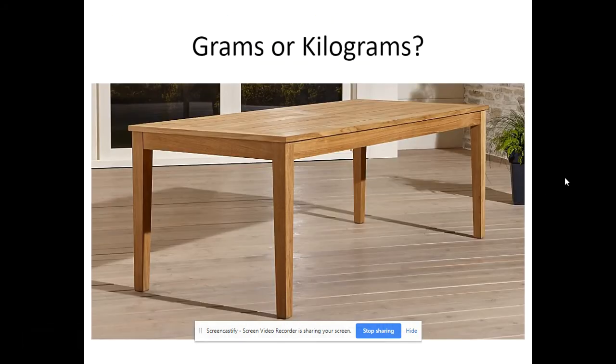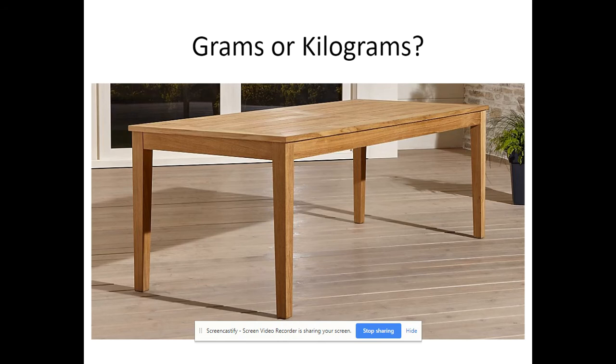So what we're going to do now is go through a list of objects, looking at some pictures, and we're going to figure out, are we going to use grams or kilograms to measure the mass of it, the weight of it? So this table, I'm looking at it and I'm picturing how heavy tables are that I've seen in the past. I'm going to compare it to my textbook. If this table weighs more than my science textbook inside of my desk, I'm going to use kilograms to measure the mass of it.